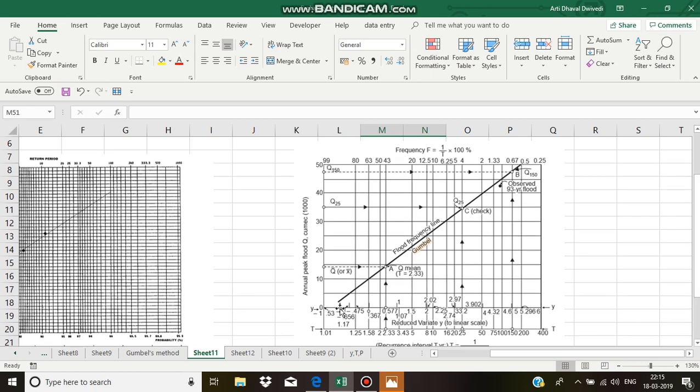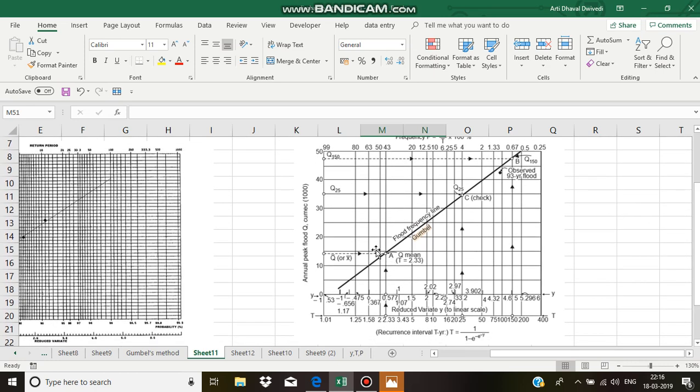So we have the value of t, y and frequency or probability on the x-axis, and value of annual peak flood on the y-axis. So if these values are plotted, it will give a straight line, and from this graph value of recurrence interval corresponding to any annual peak flood value can be obtained easily.